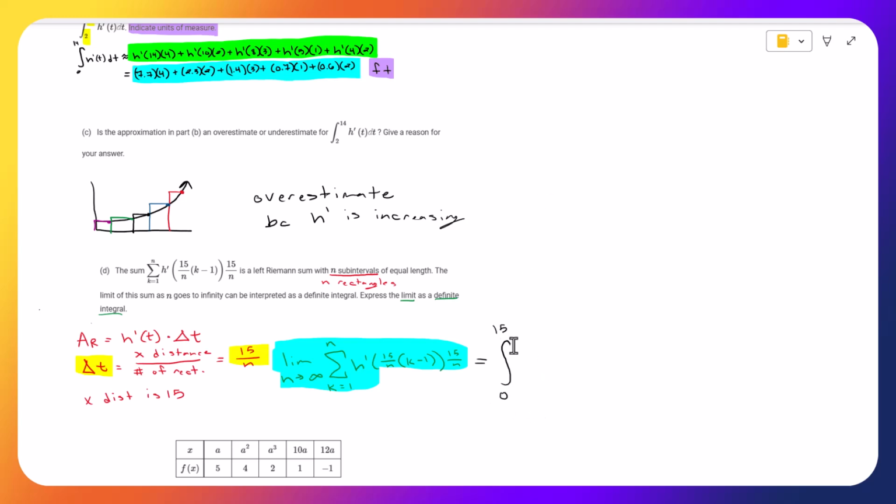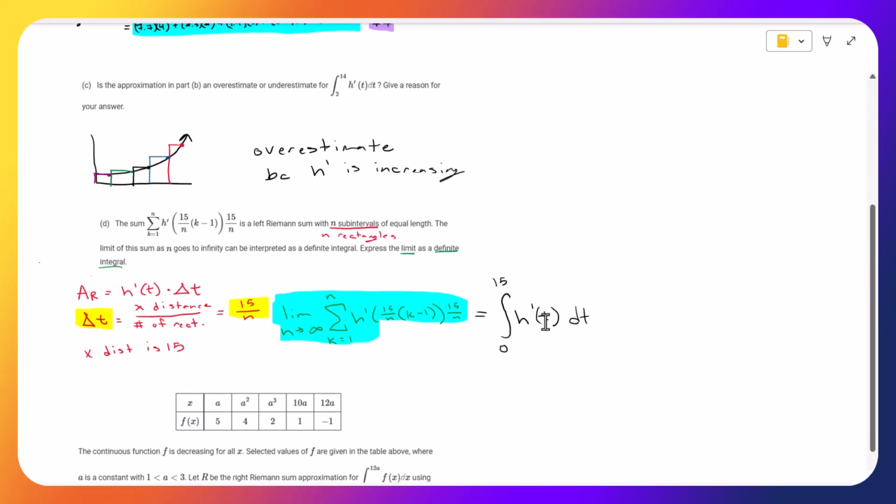This is our bounds of integration, if I want to be fancy with it. We're going from 0 to 15 because our x distance is 15, of, well, now it's just our function, h prime of t, times delta t, or times dt, sorry. When we switch to integration, we start using dt. A differential is the fancy word for that.